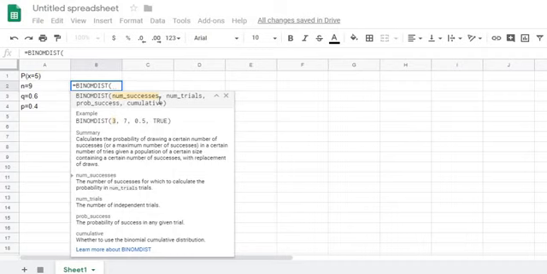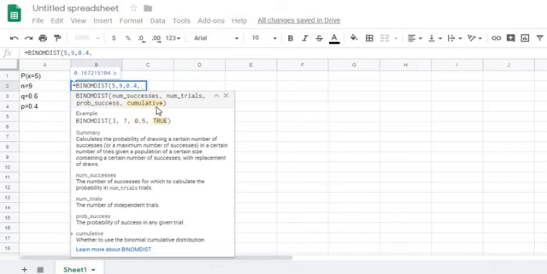First you need to enter in the number of successes. The number of successes when we're looking for the probability that x is equal to 5 is 5. Now put in a comma. Now you're going to type in the number of trials, and that's going to be your n, or 9 in this case. The probability of success was p, and p is 0.40, or 0.4. Put in your comma.